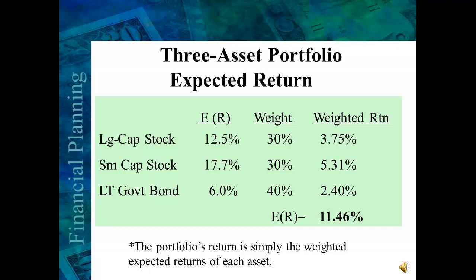Therefore, its contribution to the total expected return of the portfolio is 3.75%. Calculating the weighted return of the small cap stock and long-term government bond, you find 5.31% and 2.40% respectively. Adding up the weighted returns gives you an expected portfolio return of 11.46%.